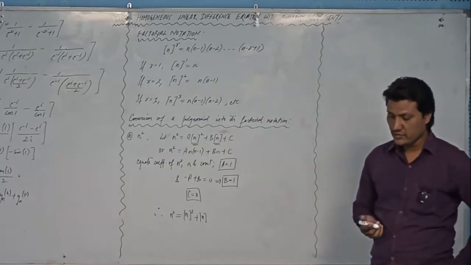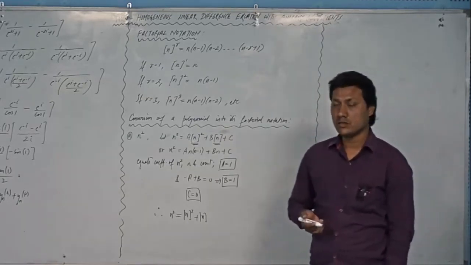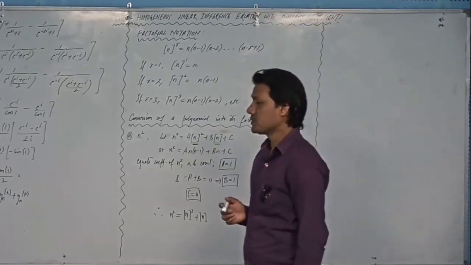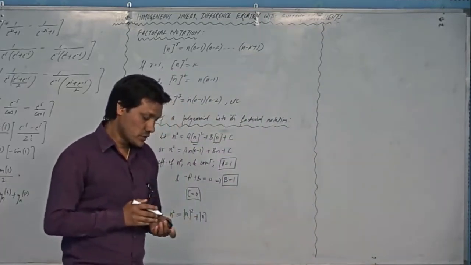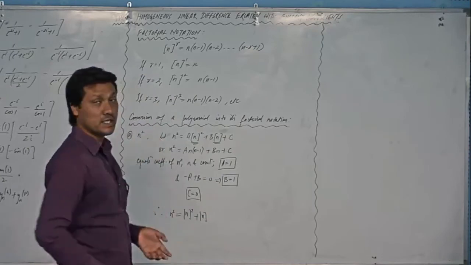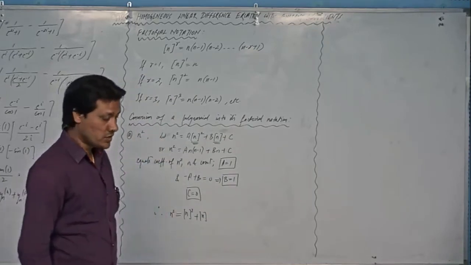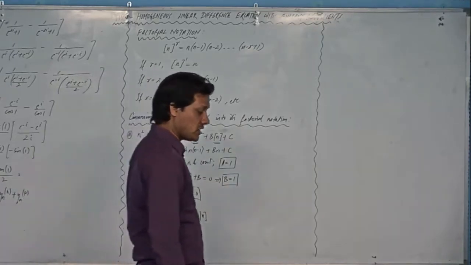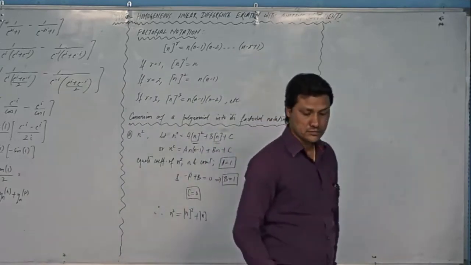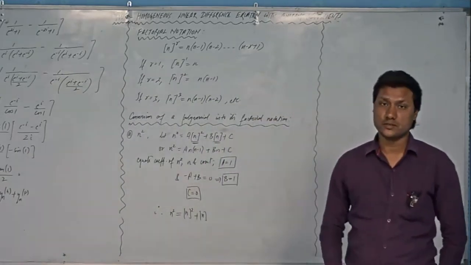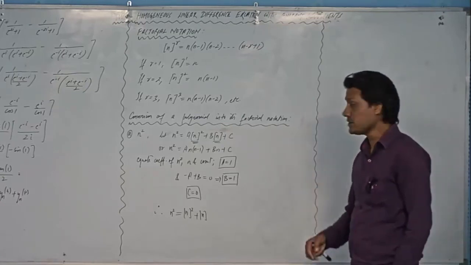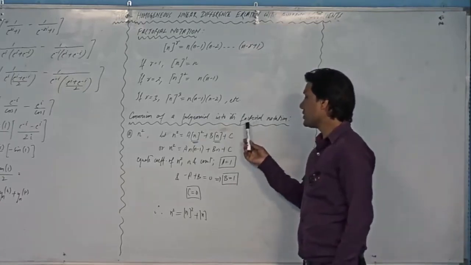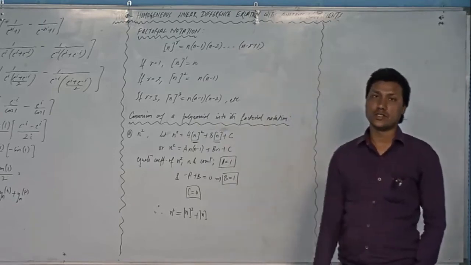So this is the process by which we convert a polynomial into factorial notation. But the point is, why do we convert a standard polynomial into factorial notation? The reason is that we are going to use this operator method, the E delta method. These operators, especially E and delta, behave as the differential operator d by dx, provided the polynomial is present in its factorial notation, right?